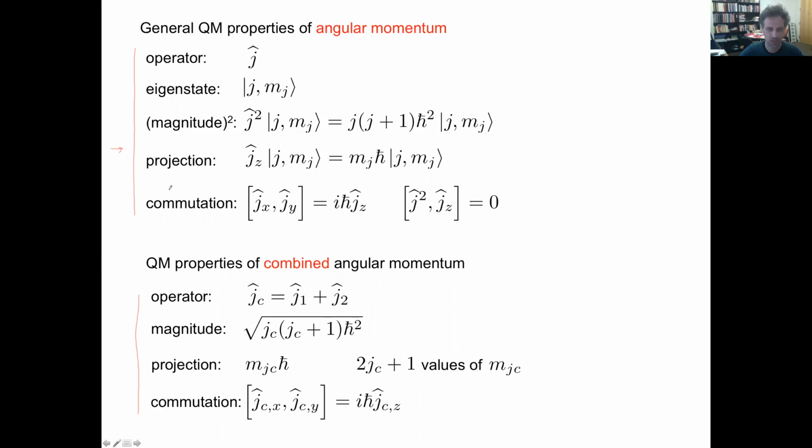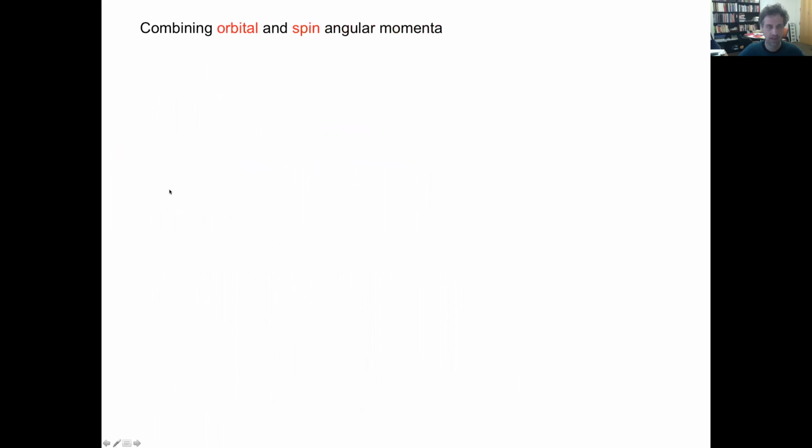Okay, so this is something general, but I want to make it more specific. I want to see what happens if I combine the effects of S and L, spin and orbit angular momentum. Okay, so we're going to combine these two things and see what happens. All right, so I'm going to now define a new operator. It's called J again. Very general way of writing, but that is fine.